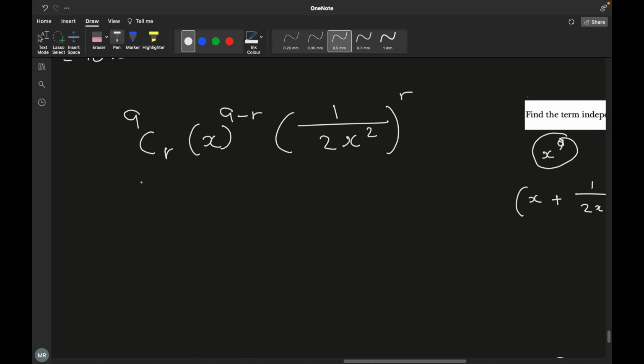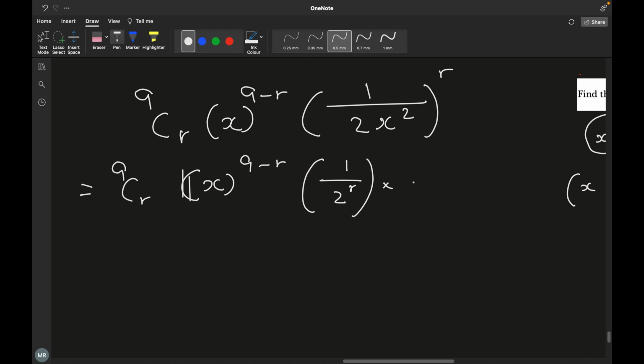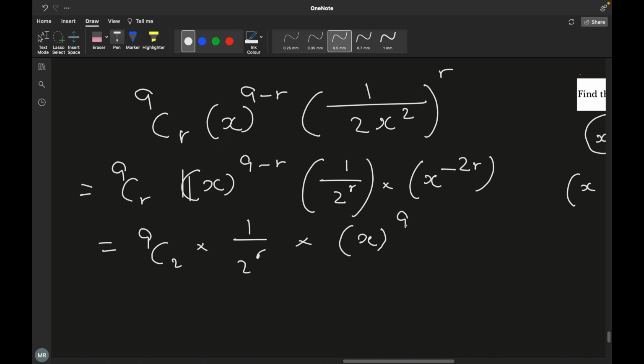And now what you're going to do is simplify this. You're going to write 9CR multiplied by x to the power of 9 minus r, multiplied by x to the power of negative 2r. You just put this towards this side, multiplied by x to the power of r. So 9 minus r multiplied by x to the power of minus 2r.